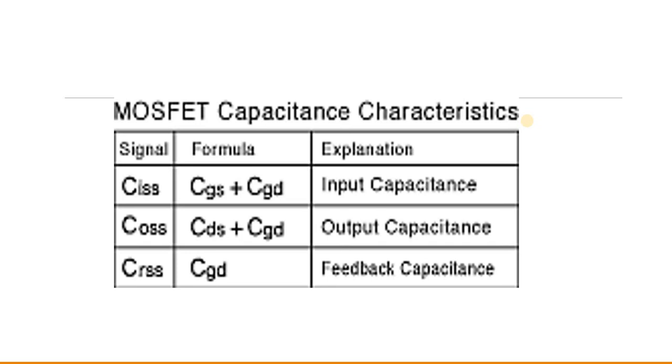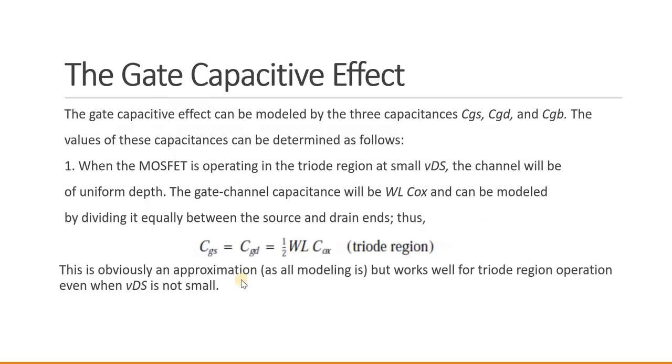Altogether we can classify the capacitances as input capacitance, output capacitance, and feedback capacitance. Input capacitances are CGS and CGD. The output capacitances are CGD and drain-source. The feedback capacitance is CGD.